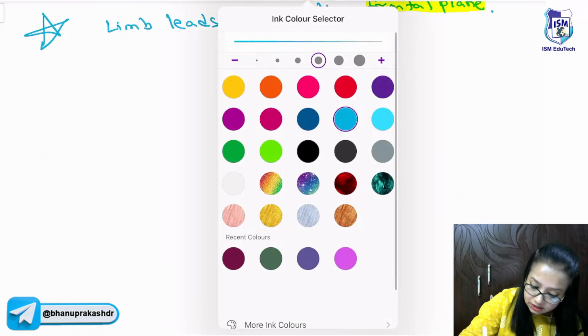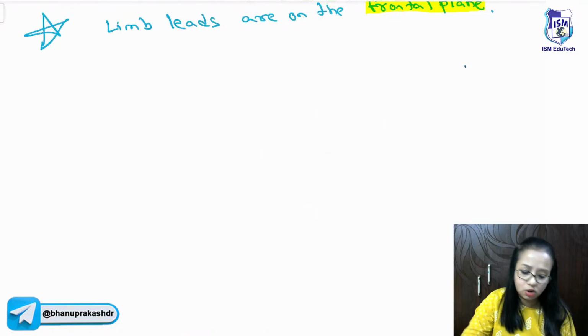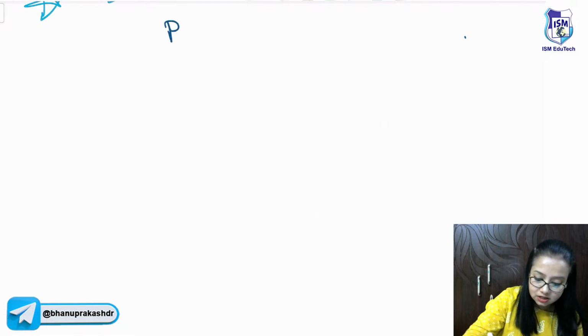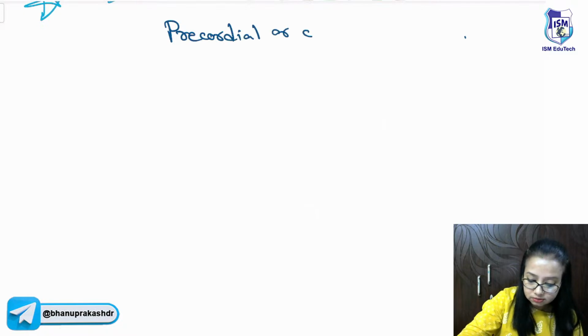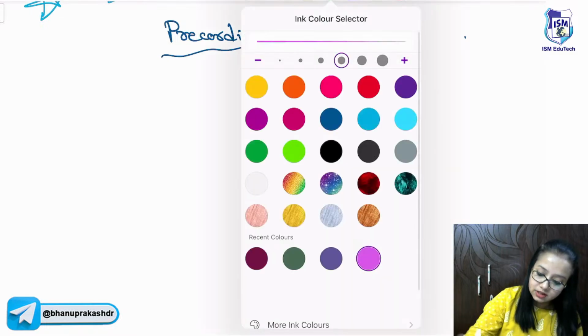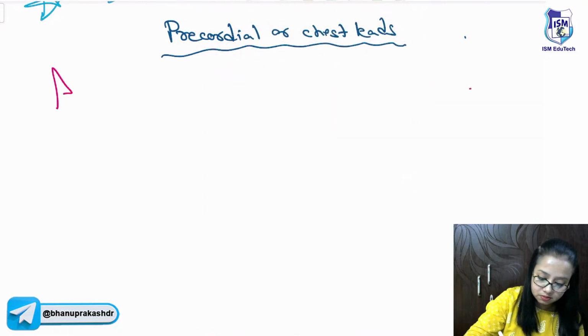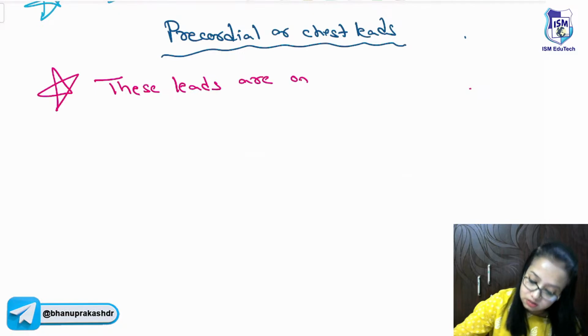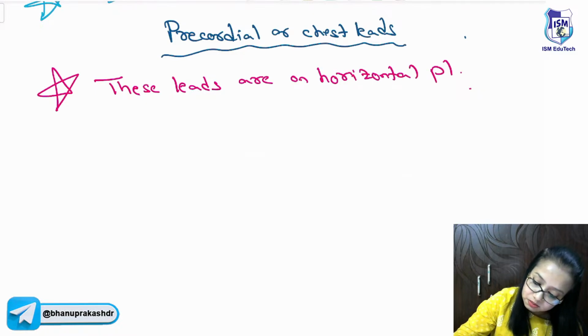Next, the most advanced one and also very useful. All limb leads are very useful, but this is very, very useful and pretty much in use: the precordial or chest leads. First thing to remember, putting a star, these leads are on the horizontal plane.